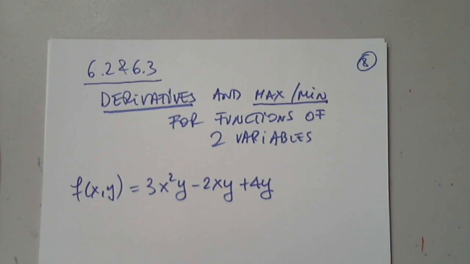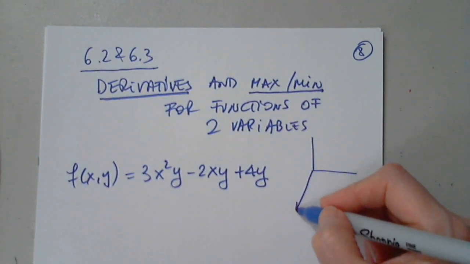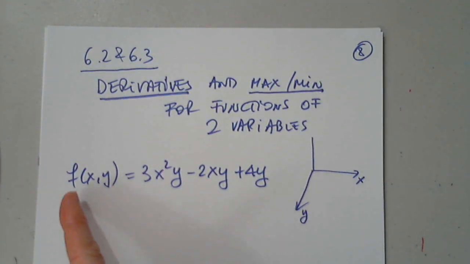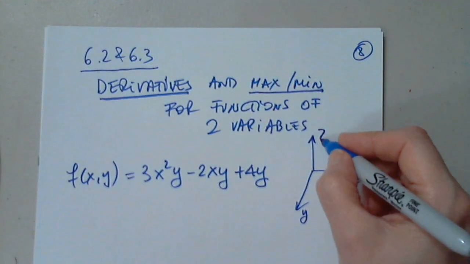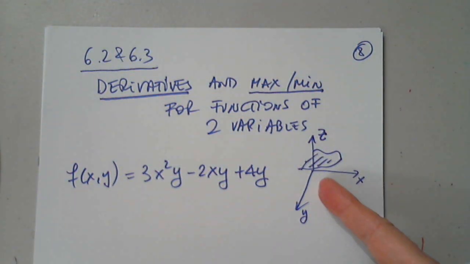Before we continue, I just want to show you how these look like, because this is now in 3 dimension. What do I mean by 3 dimension? This is what I mean by 3 dimension. So this is x, this is y, and this is the function up here. So this is going to be a surface.